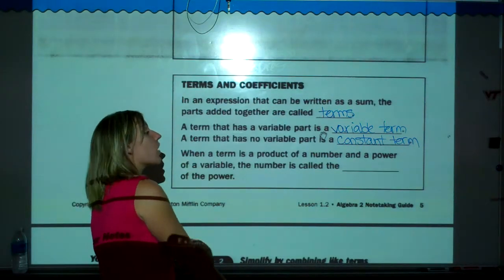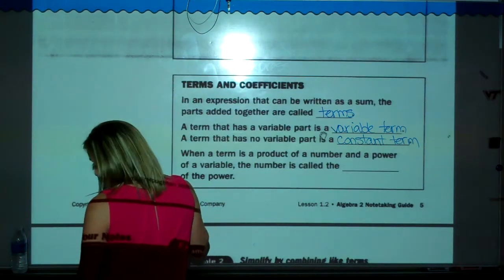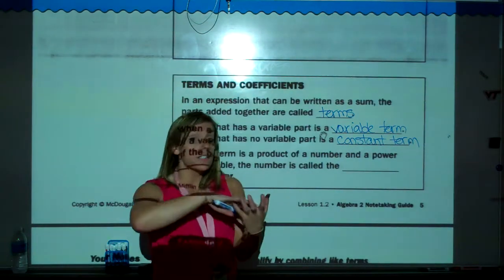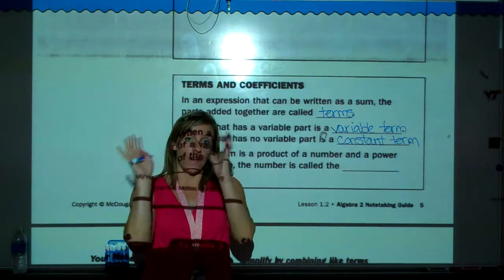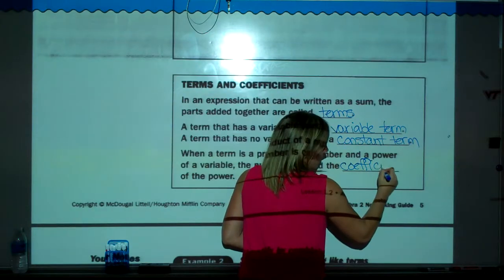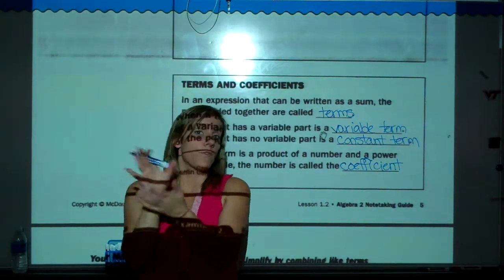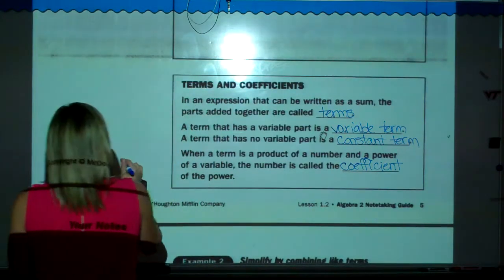So when a term is a product of a number and a power of a variable, the number is called the what of the power? What is the number out front? When you've got a term, we already talked about it, it's called the coefficient. So the coefficients are the numbers in front of our terms. Okay, and again, we've already talked about it.